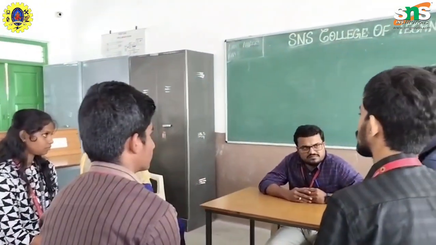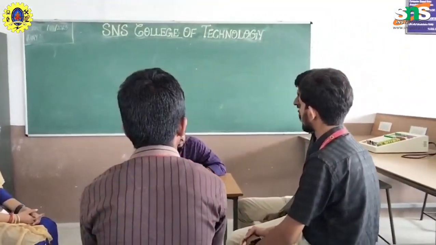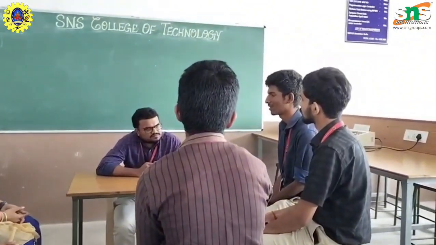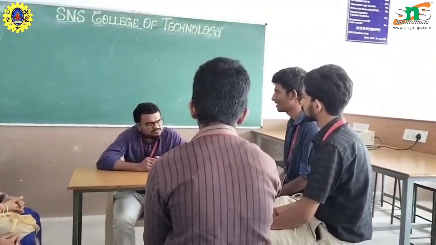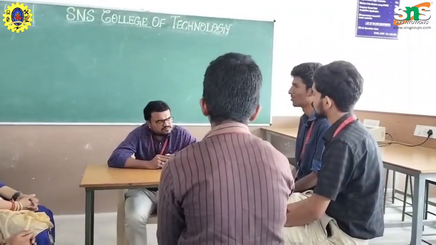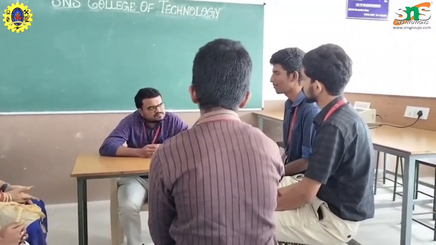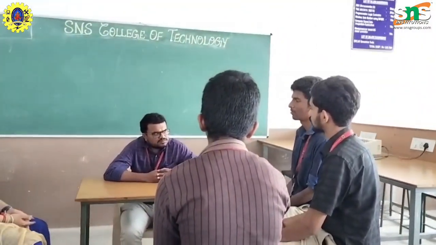Let me add one more point about the flow of the circuit logic. Suppose I take the combination where A is high, B is low or zero, C is high, and D is zero. The circuit flow will be such that A and B are passed through inverter gates, so they get inverted.